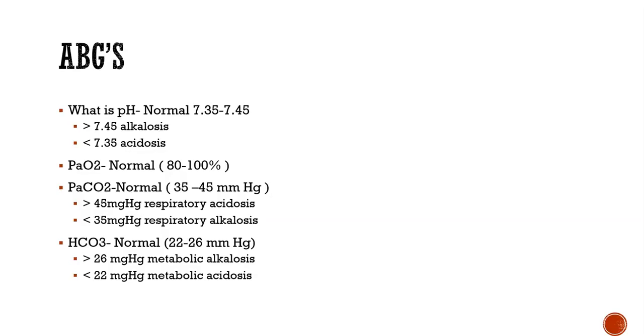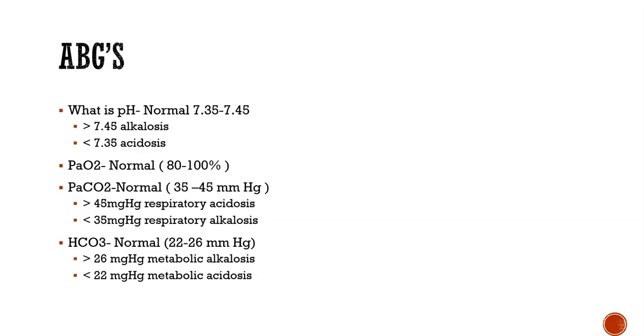So 7.35 to 7.45 is acidotic below 7.35, and alkalotic above 7.45. But when you're doing respiratory and CO2, remember 45, anything above that is going to be acidotic, and anything below 35 is going to be alkalotic.